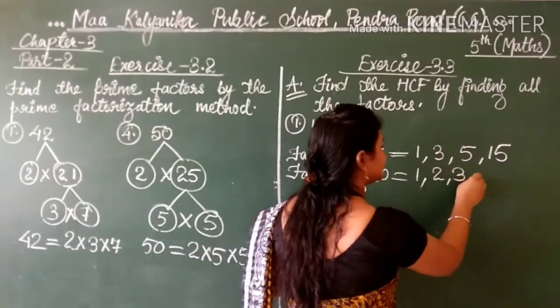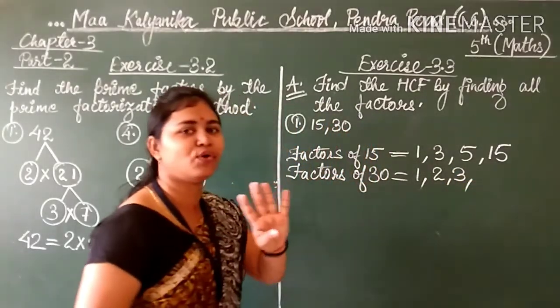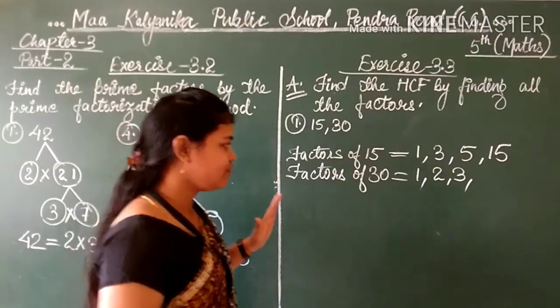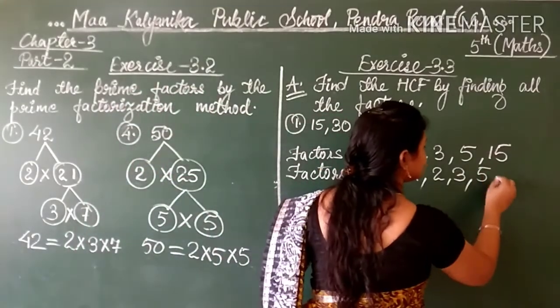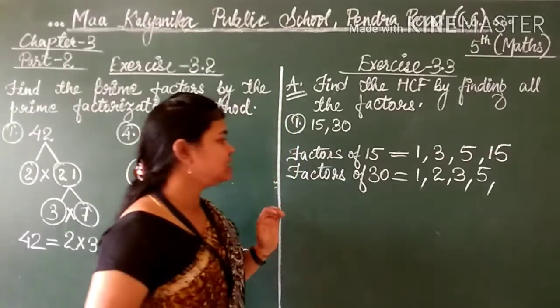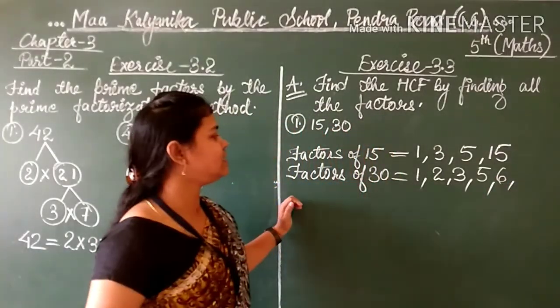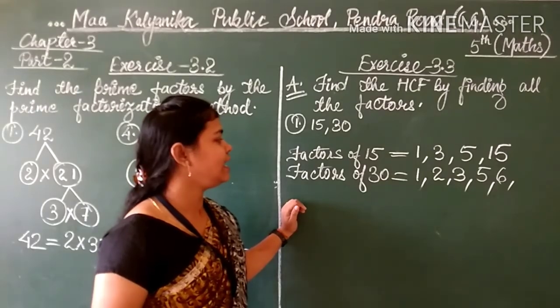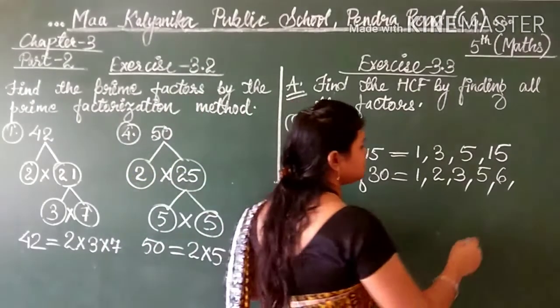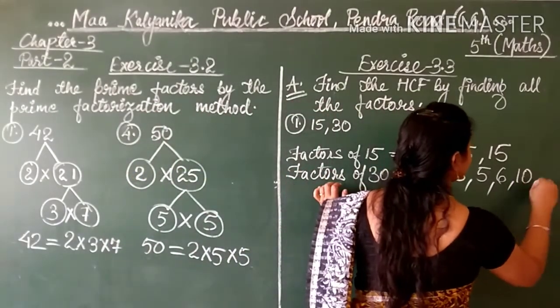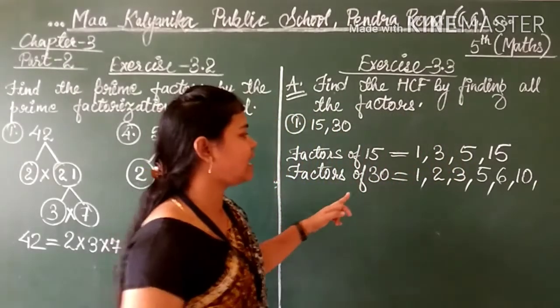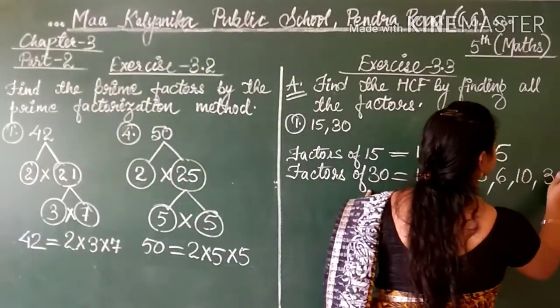Now 3 10s are 30. Of course, now 4, no. 5 6s are 30. Yes. Then 6 5s are 30. So 6 is also a factor. Then 7 no, 8 no, 9 no. So directly 10, and after 10 directly 15 and 30.